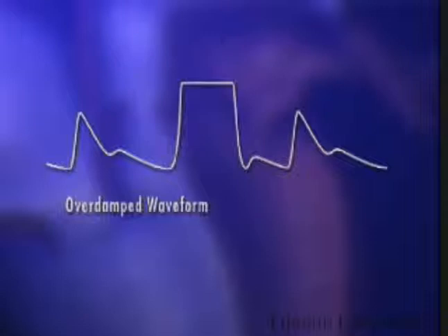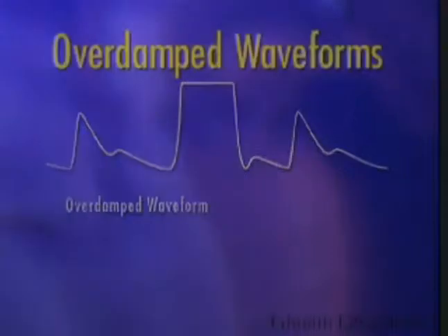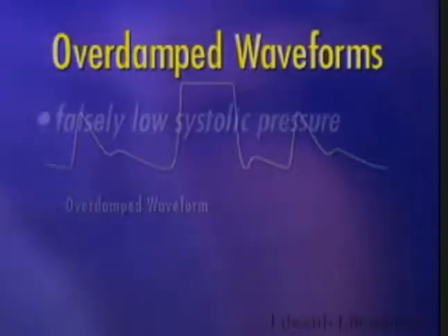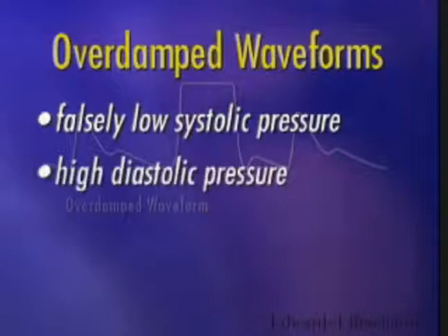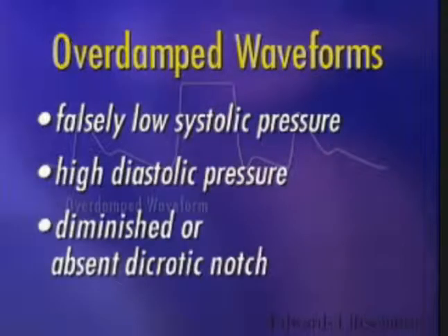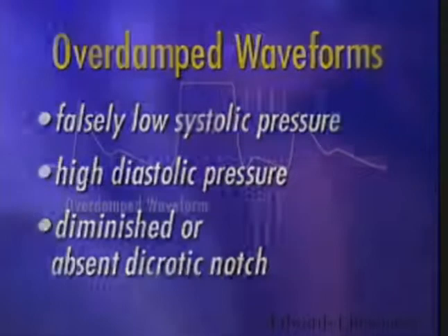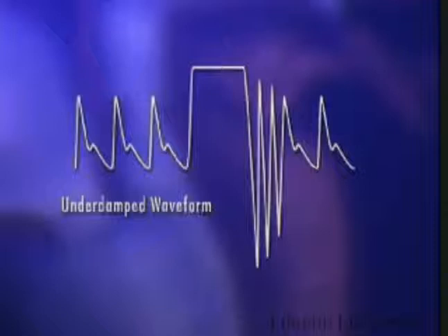An overdamped system will demonstrate a gradual descent to baseline with only 1 or no oscillations after the square wave. Overdamped waveforms are smooth with falsely low systolic pressure, potentially high diastolic pressure, and diminished or absent dicrotic notch. An underdamped tracing will demonstrate more than 2 oscillations or bounces after the square wave.